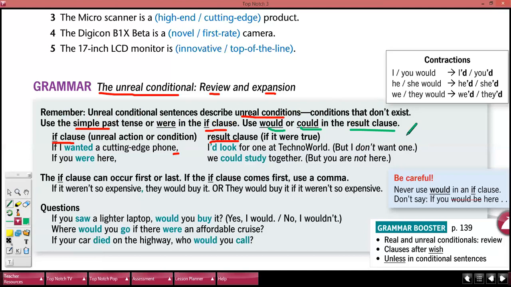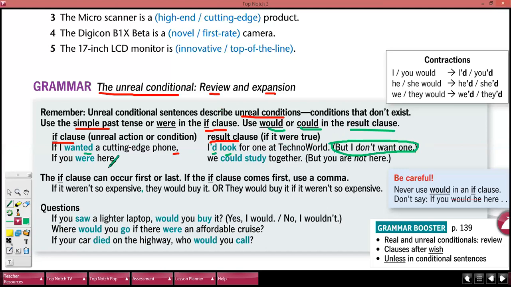We have some examples in here. If I wanted, past tense, a cutting-edge phone, I would, modal verb, look, base form, for one at Techno World. But I don't want one. This is why it is unreal, because it is not the truth at the moment, but we use it to explain something or to talk about a topic with someone.